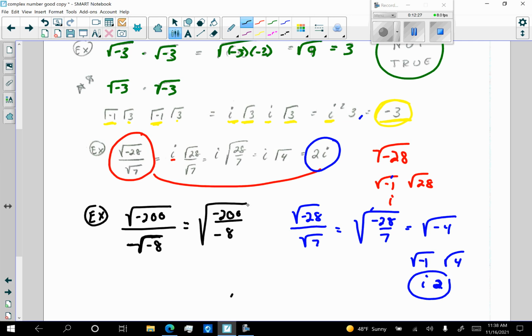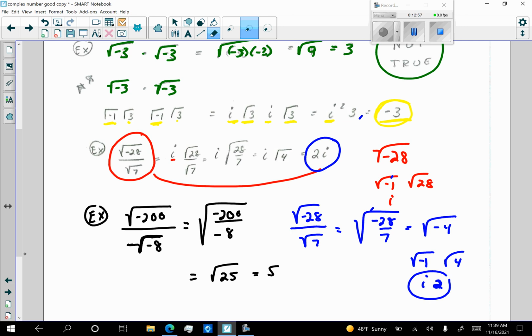Well, negative 200 over negative 8, negative divided by negative is positive. That's 25. Does that equal 5? I don't know. Well, I didn't do what I advised you to do.